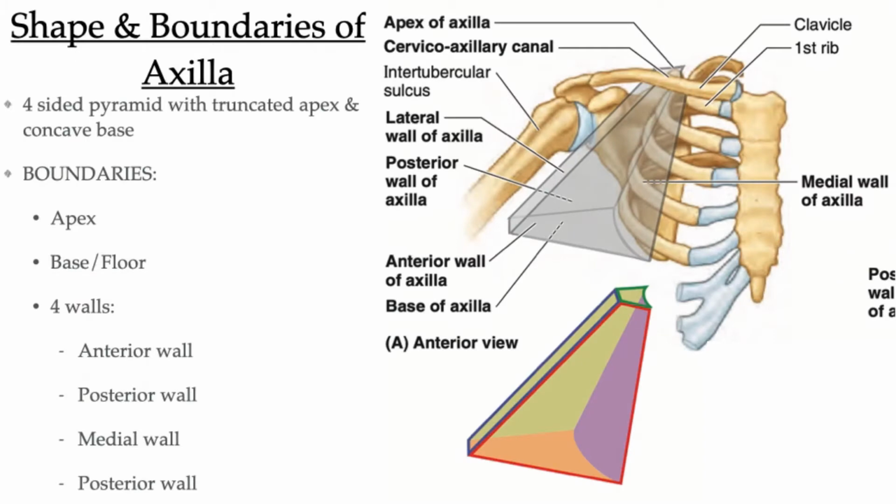Now let us once again try to understand the location and the structure of axilla by seeing the schematic representation of axilla on your screens. Here, this is the 4-sided pyramid which represents axilla. Here you can see that apex of the axilla is truncated and the base is concave.